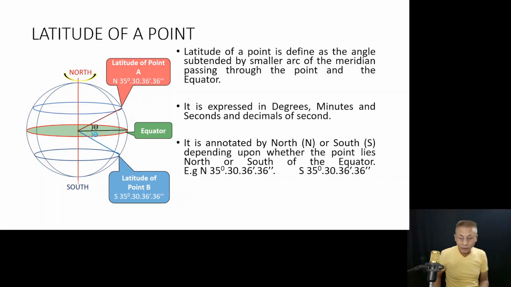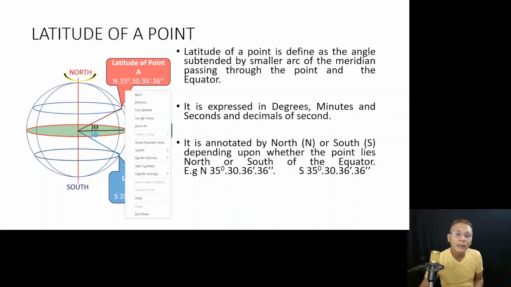So now we use something known as latitude, which you have heard. The latitude of a point is defined as the angle subtended by the smaller arc of the meridian passing through the point and the equator. Let's assume the point alpha, which is in the northern hemisphere. Follow me on my pen.